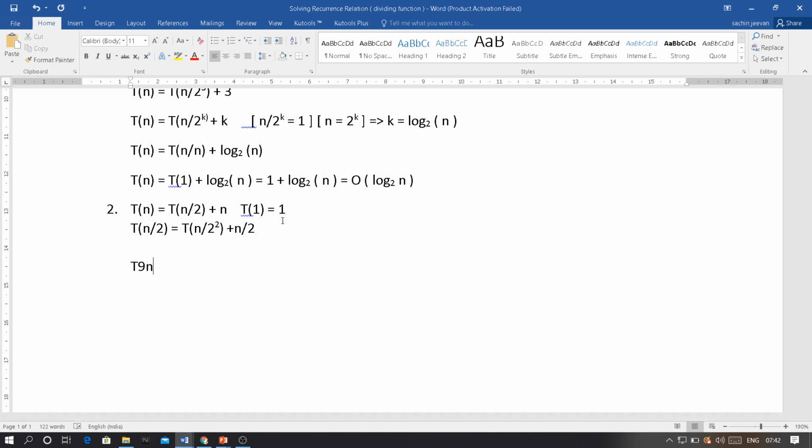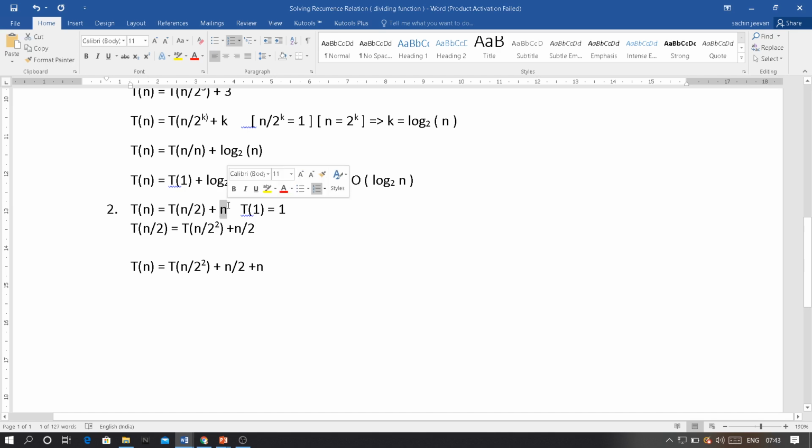T of n will be equal to T of n divided by 2 square plus n divided by 2 plus n, which is there in the formula. So instead of T of n divided by 2, we have substituted this entire equation followed by the n we have here.